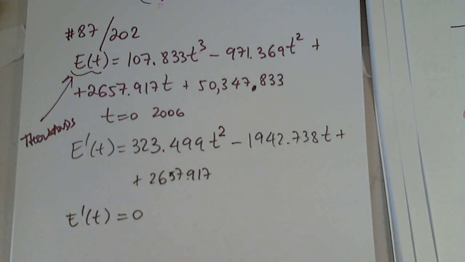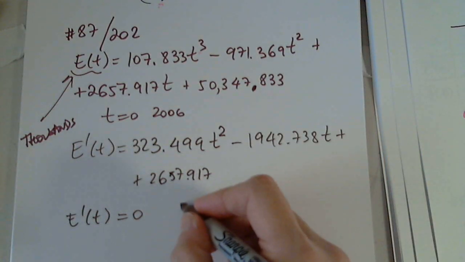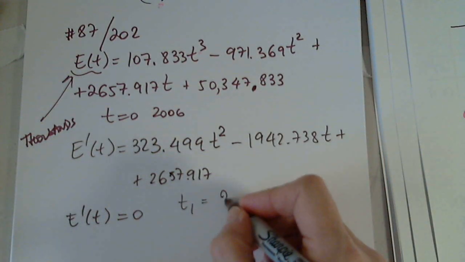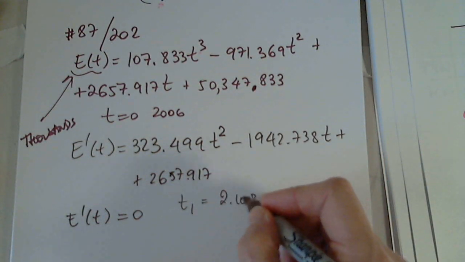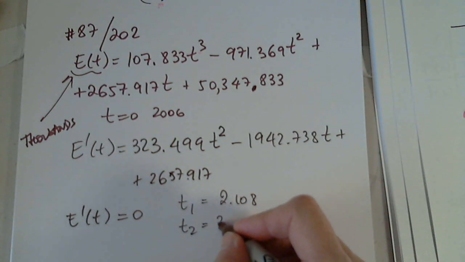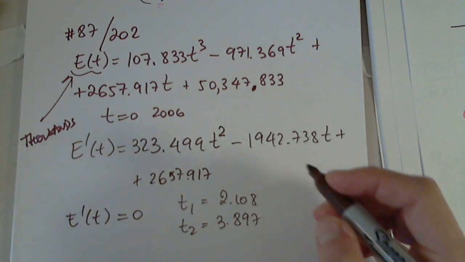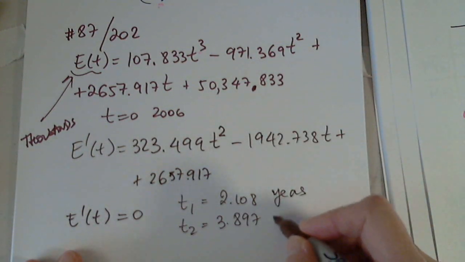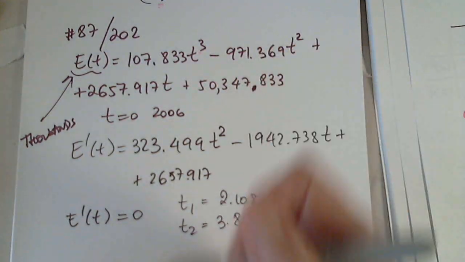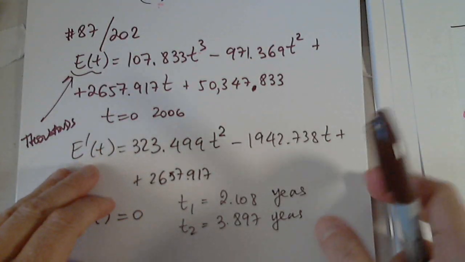So it gives us T1 equals 2.108 and T2 equals 3.897, and these are years since 2006. Okay, perfect.